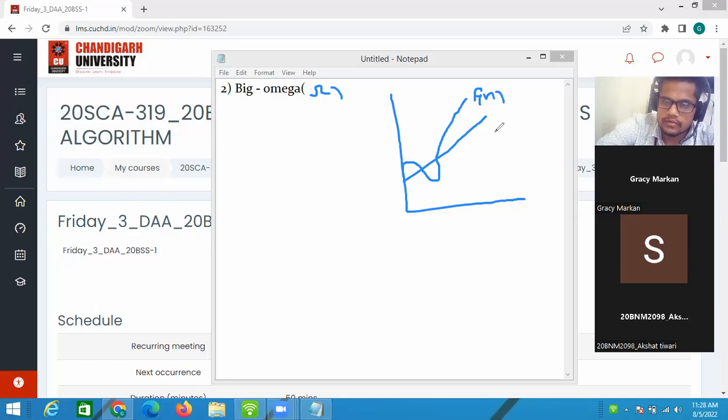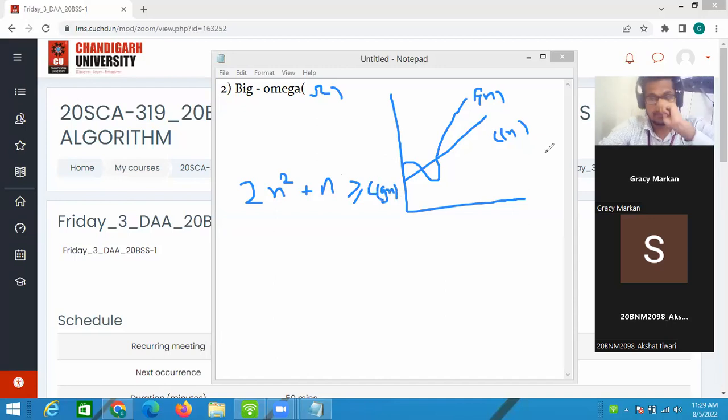Fn, here we have Cn or Cgn we can say. So here we have again Fn, the value of Fn is 2n square plus n greater than or equal to Cgn, right?